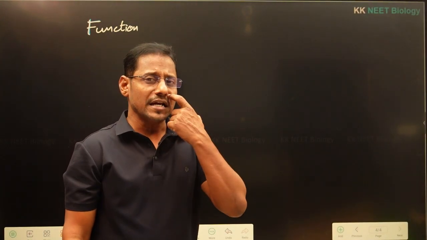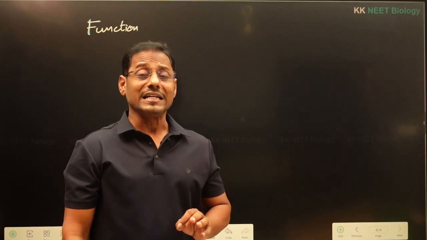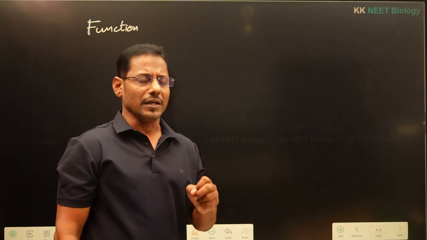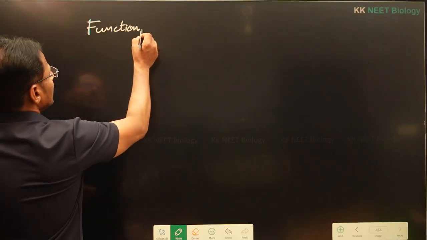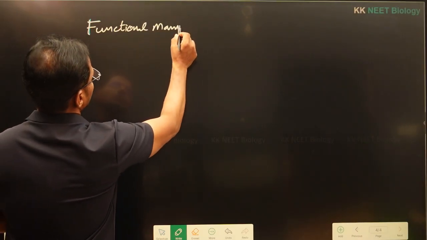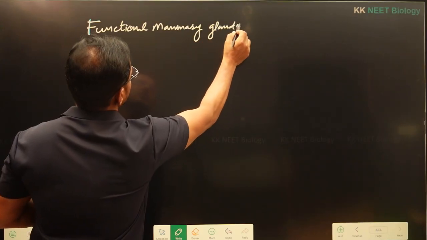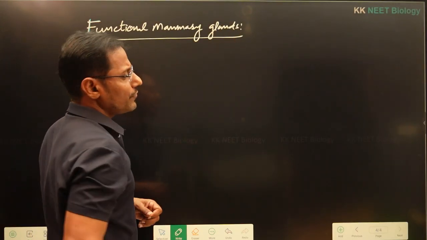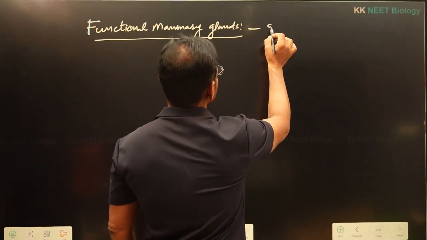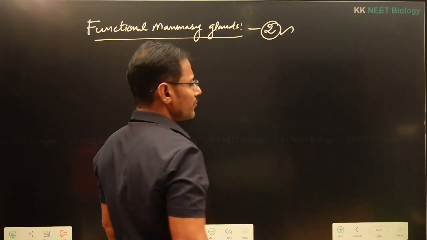A functional mammary gland, in the sense, must secrete milk. Mammary glands are also treated as a part of the female reproductive system. So how many functional mammary glands are present in females? Two functional mammary glands are present in the female.